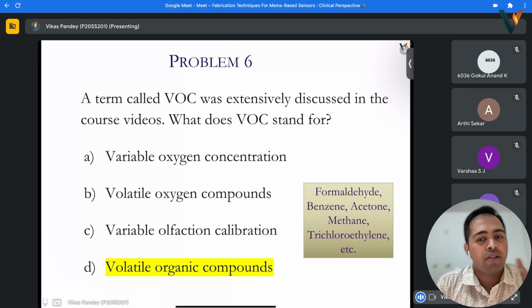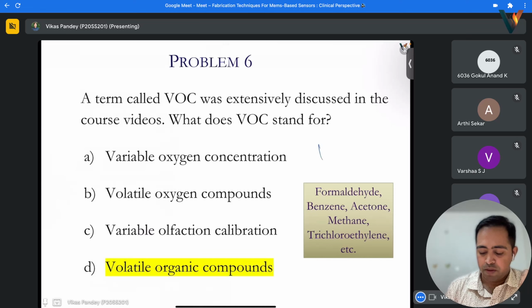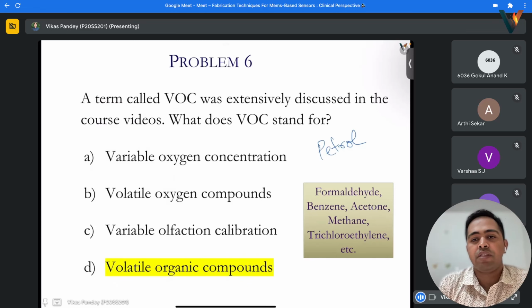Okay, if you put it in the open environment, like even petrol, after some time, you will see that it evaporates. Okay, and these are organic compounds, so they are called volatile organic compounds, and they are very, very important in detection of many diseases.